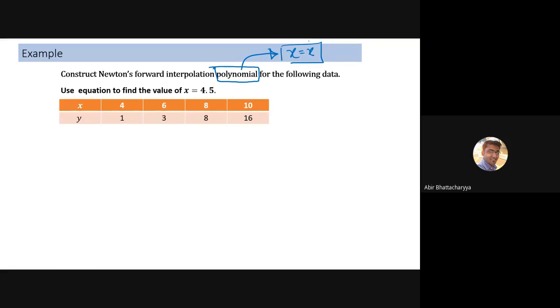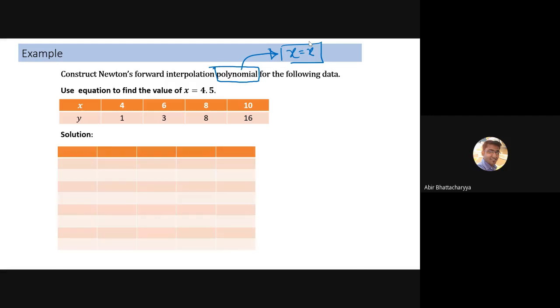In the last problem, to find sine 52 degrees, I chose x equals 52 because it was an estimation. But here we have to estimate the polynomial, so we will not specify the value of x. x is something unknown to us, and after that, every process is the same. So let's go to the table.